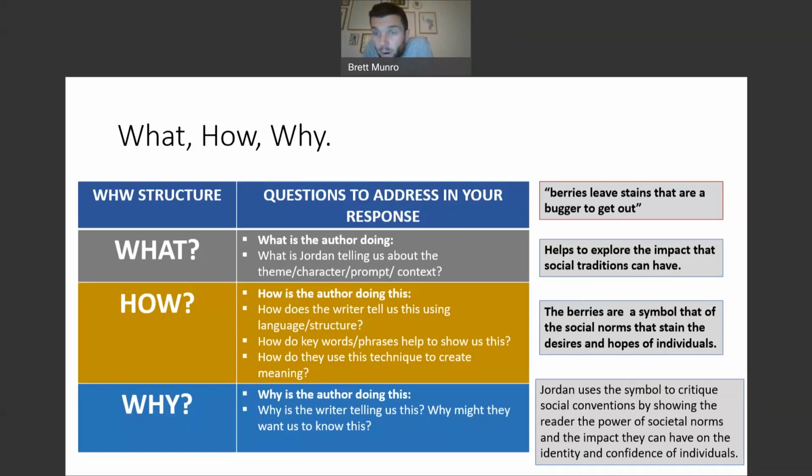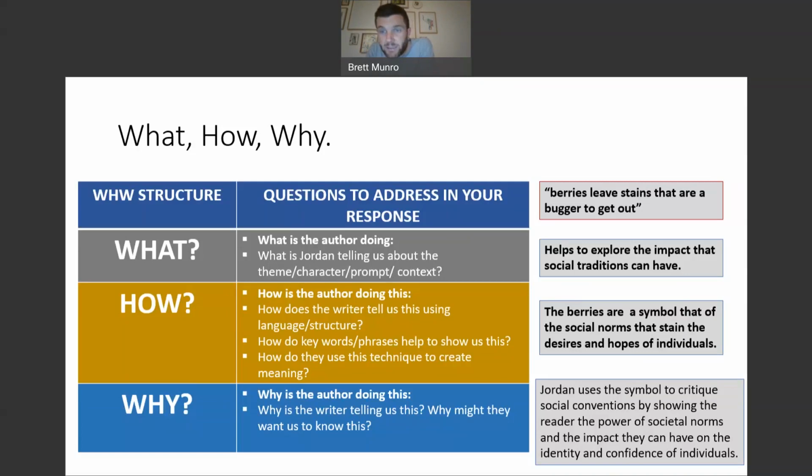Well, the how is that a stain is a bad thing. A stain sticks with you. A stain is impossible to get out. So in this case, the berries and the stain are a symbol of the idea that social norms stain the desires and hopes of the individual. They prevent individuals from moving forward because they are stained, and they have this reminder, this evidence that's sticking with them.